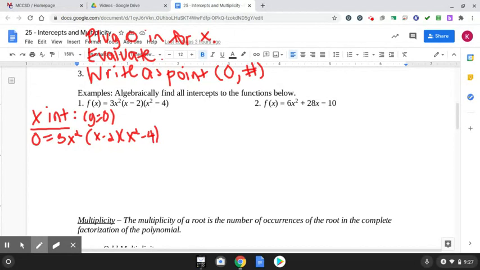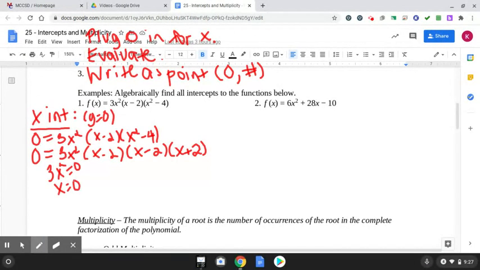And then I'm just going to factor this further. So I have 0 equals 3x squared times x minus 2. X squared minus 4 is x plus 2, x minus 2. And then now I'm just going to set them equal to 0. So 3x squared equals 0. That'll give me x equals 0.